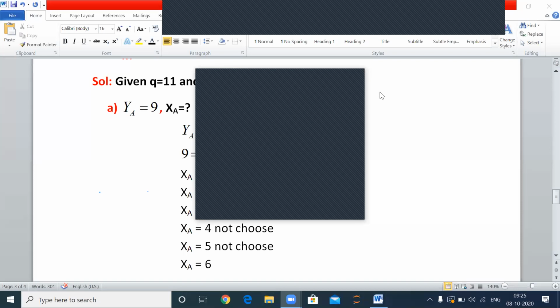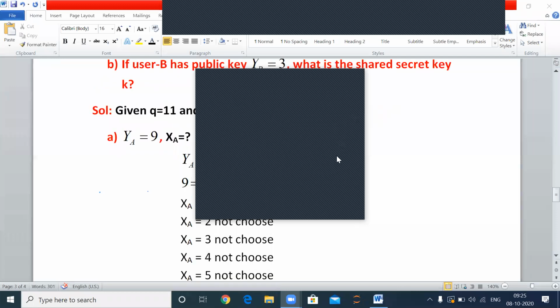What is the remainder value? That is nothing but 2 power 6, 64 mod 11, means 64 divided by 11. What is the remainder? Raise your hands. All are sleeping?